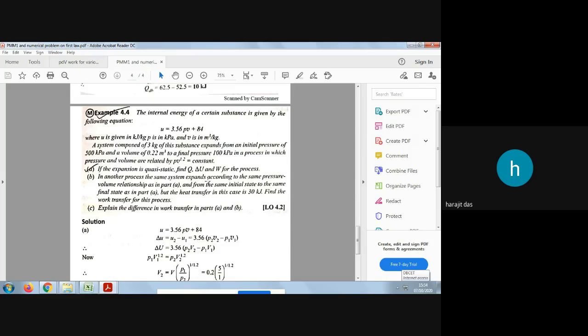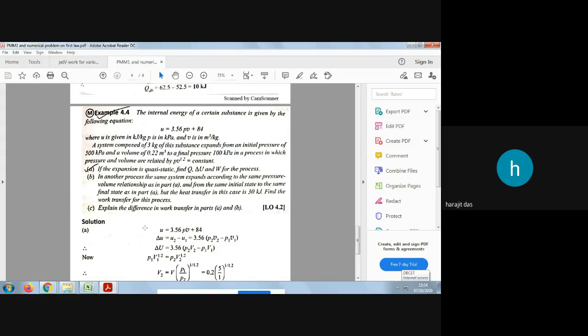All these terms are related to the first law, isn't it? We are going to find all these things from these given conditions, these two equations and these parameters. Instead of V2, one relation is given, so from that we will find the parameters Q, delta U and W.